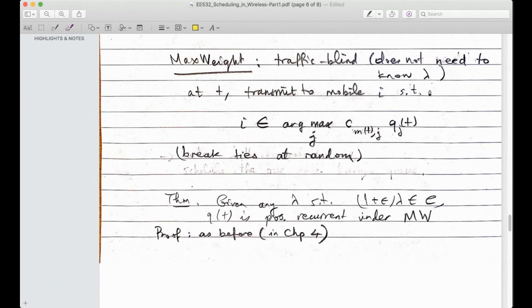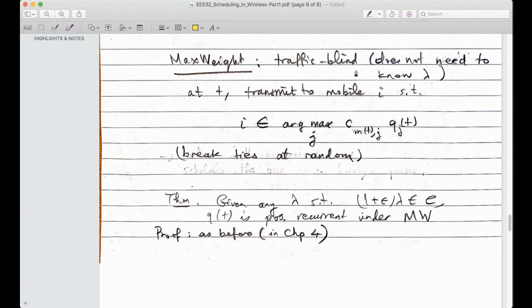where we were able to achieve capacity through adjusting the alphas, the fractions, based on assigning the channel to user 1 if its channel is on and the other channel is also on with probability alpha I. But how do you find the alpha i's in general? You would need to know something about the arrival rates. Well, max weight does not need to know anything about the arrival rates.